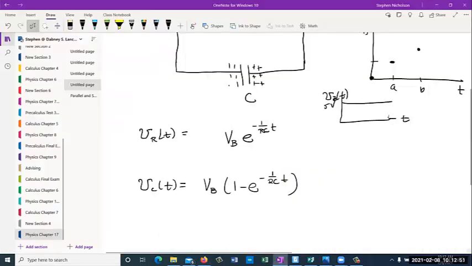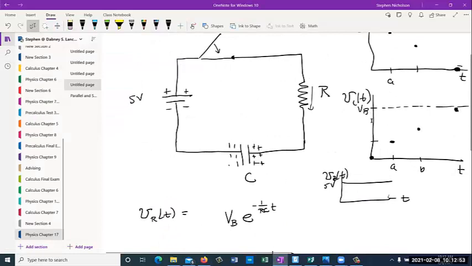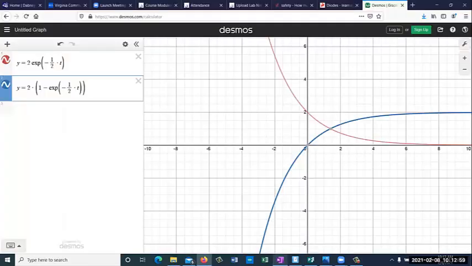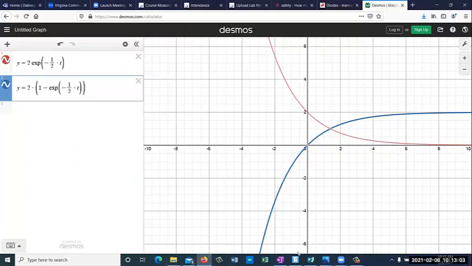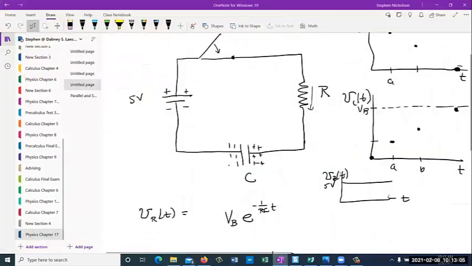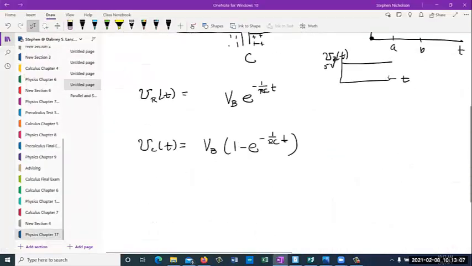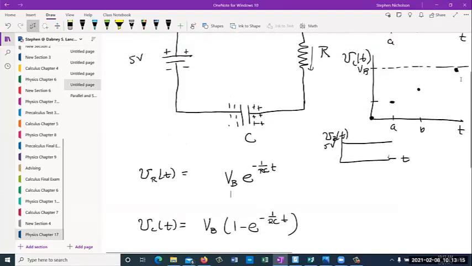That corresponds to this one, the voltage across the capacitor. Starts at 0. It increases. Where am I here? Oh, here we go. Yeah, so it's the voltage of the battery times 1 minus e to the minus 1 over RC t. So again, you have this negative exponent, and it fits the form that we thought it would look like.